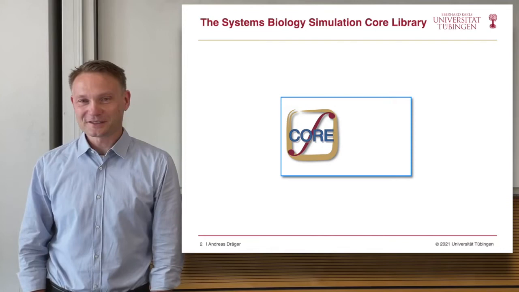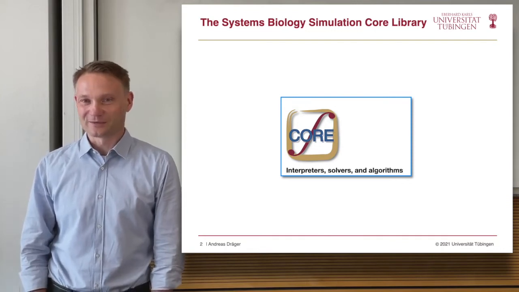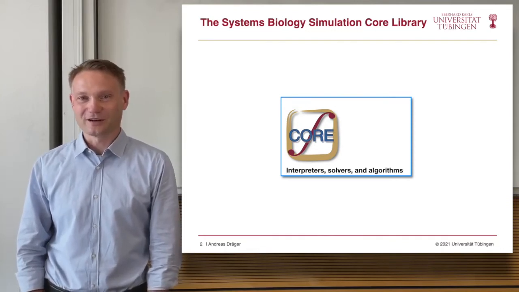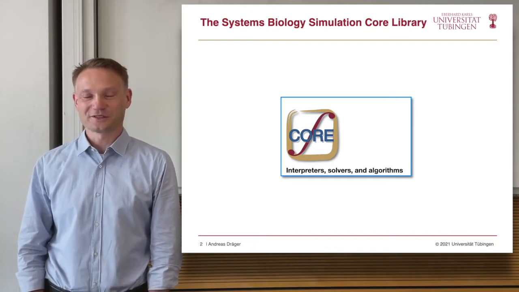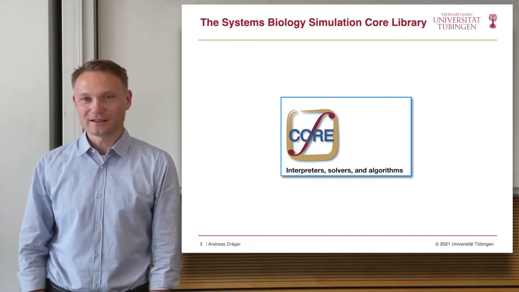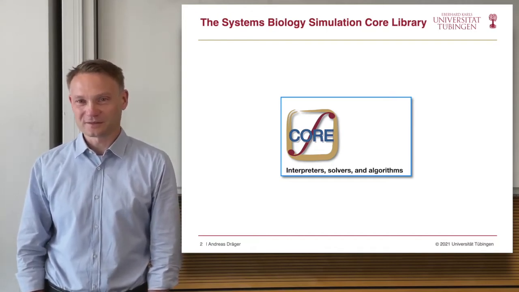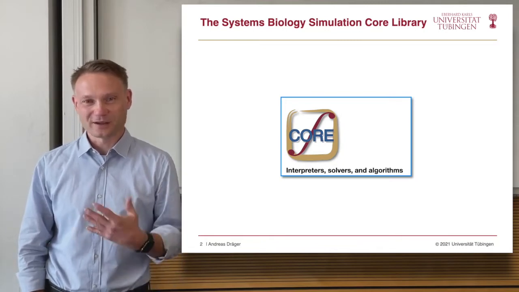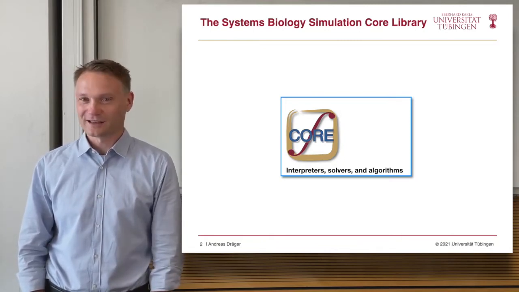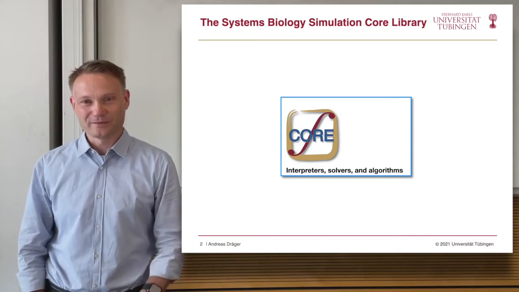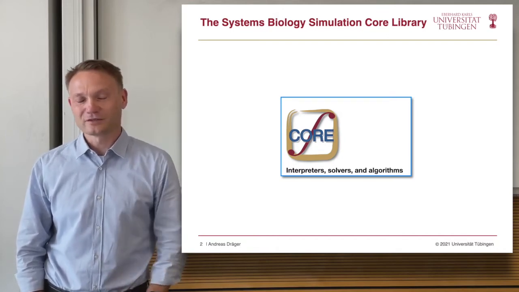So, the Systems Biology Simulation Core Library is a collection of interpreters, solvers and algorithms that help you to deal with systems biology models. You can make calculations and do the preparation for plots in different frameworks.